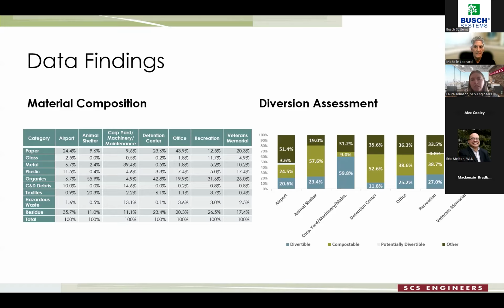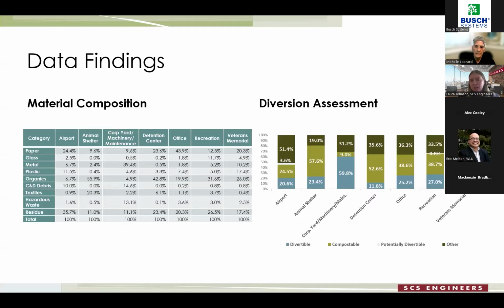And so for looking at this county, the animal shelter having almost 80% of their material could potentially have been diverted or composted was a major area that we called out to the county and had some implementation plans for them on how they could improve the infrastructure internally and externally to be able to divert some of that really valuable material stream into the right area.